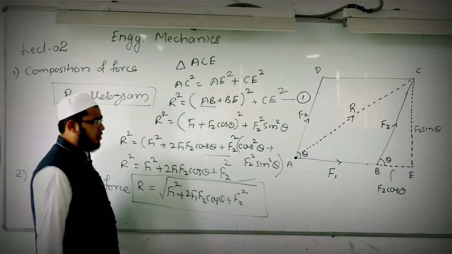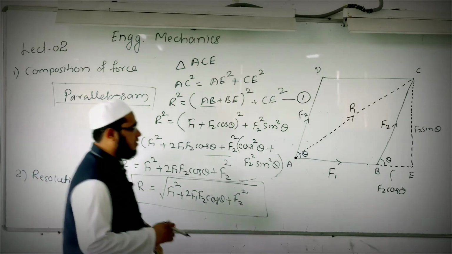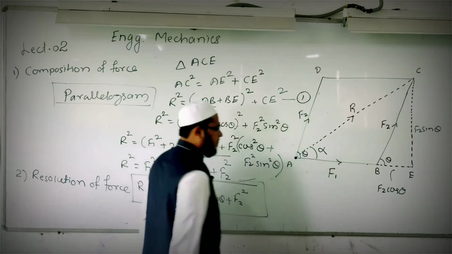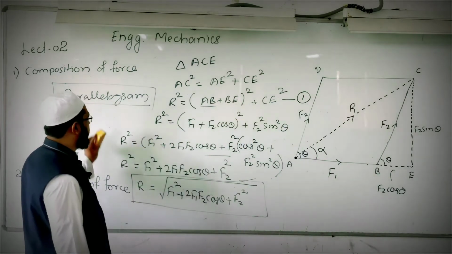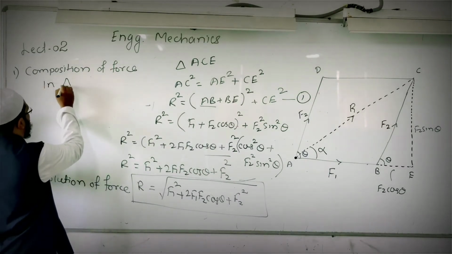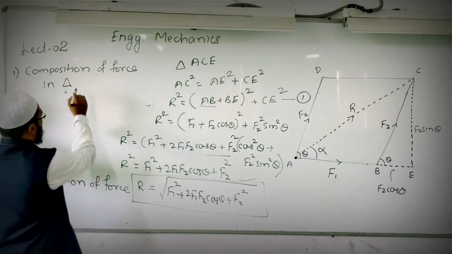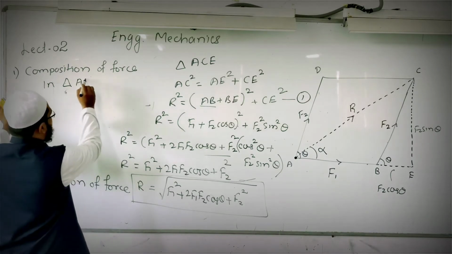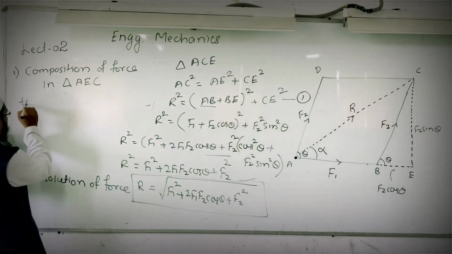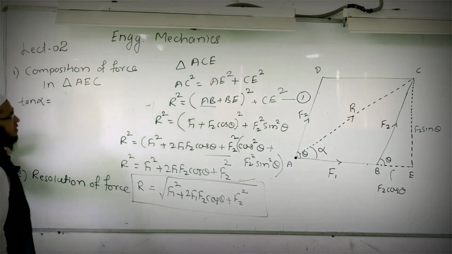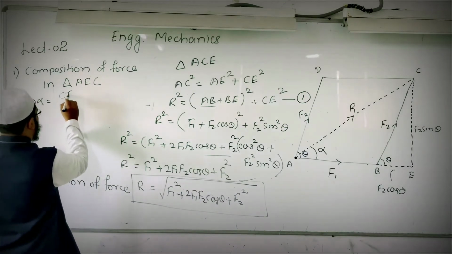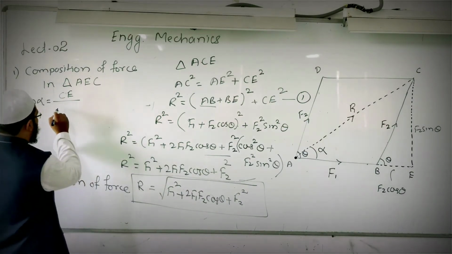It is a magnitude. If I want to find the direction of the resultant, assume that this angle is represented by alpha. Alpha is the direction of the resultant. So we will see in triangle AEC, tan alpha equal to opposite upon adjacent. Opposite means CE, adjacent AE.